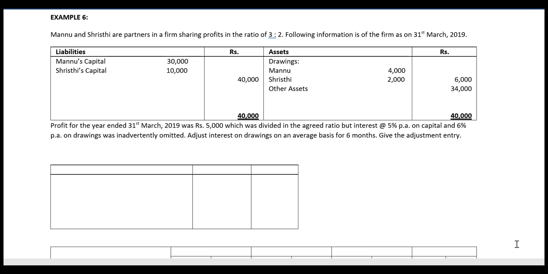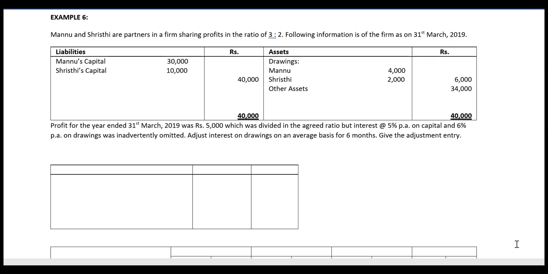Further information given: profit for the year ended 31st March 2019 was 5,000, which was divided in the agreed ratio, but interest at 5% per annum on capital and 6% per annum on drawings was inadvertently omitted. Adjust interest on drawings on an average basis for 6 months. Give the adjustment entry.